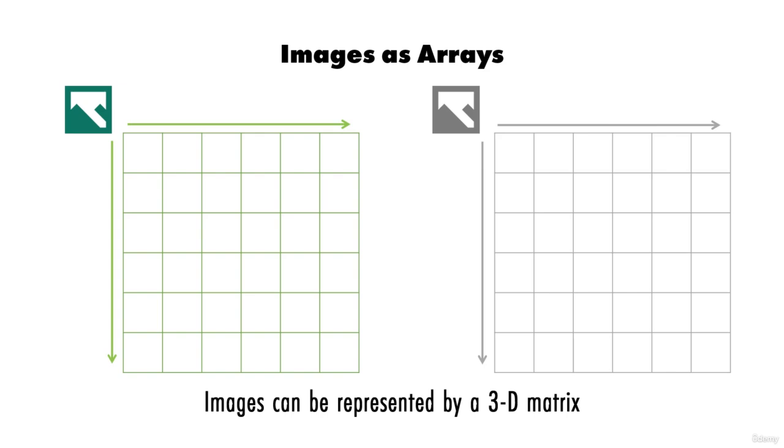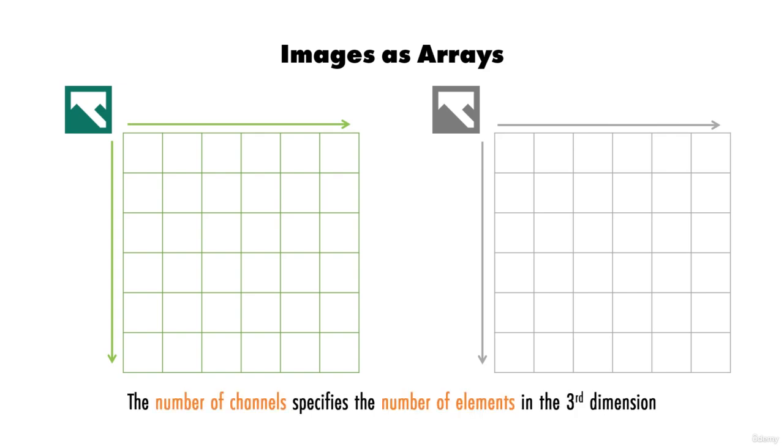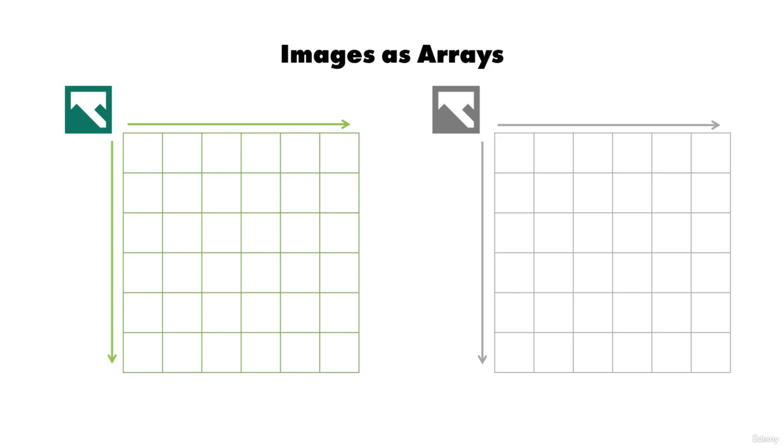The first two dimensions are obvious. They represent the height and width of the image. Along with the third dimension, the number used to represent the number of channels in an image. For a colored image, the third dimension will have shape 3, and for a black and white or grayscale image, the third dimension will be 1.